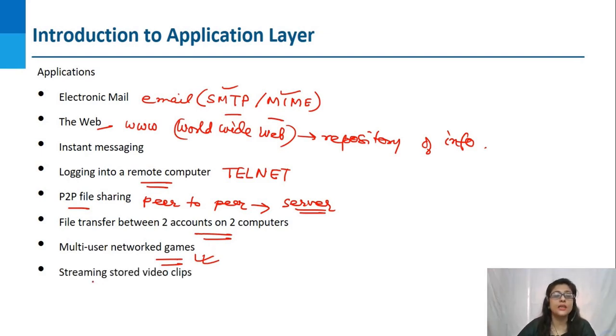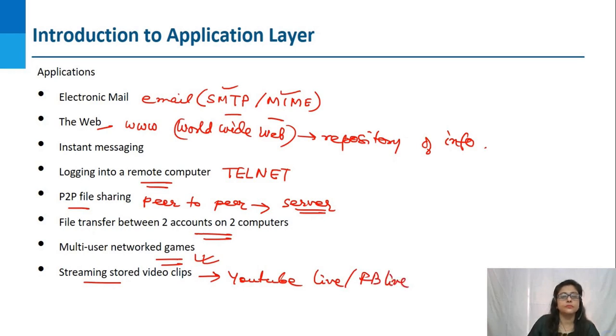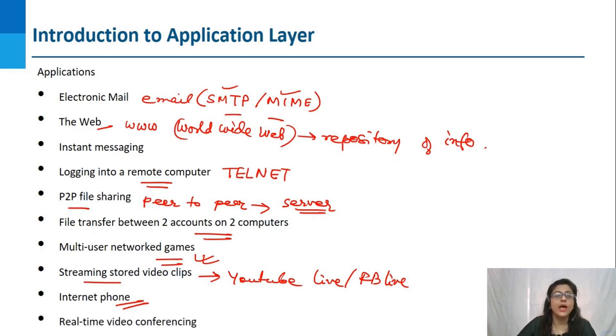After that, we can stream stored video clips by using either YouTube Live or Facebook Live. Then internet telephony is another application of the application layer. After that, real-time video conferencing can also be done at the application layer. So these are the various applications of the application layer.